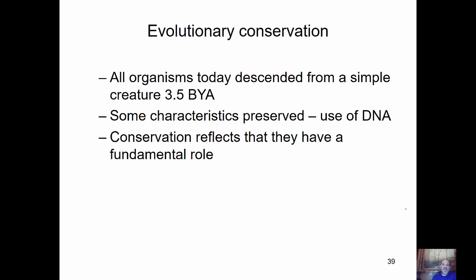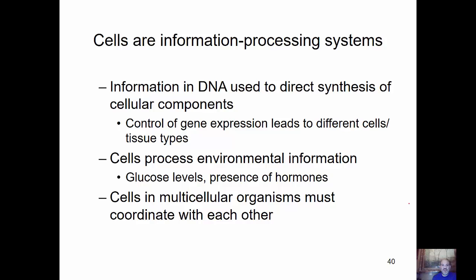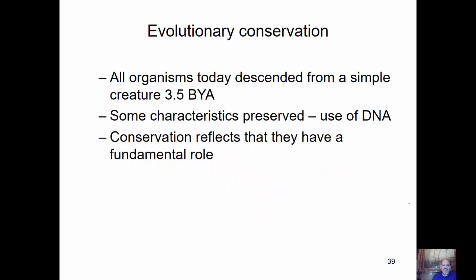The topic of the idea of evolutionary conservation. We know that the oldest life forms, as shown in the fossil record, are found in rocks that are 3.5 billion years old. Before that, we don't see any life in the fossil record. In rocks older than about 3.5 billion years, you don't see life forms.